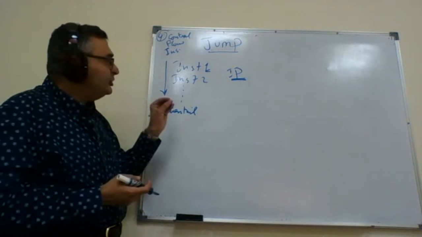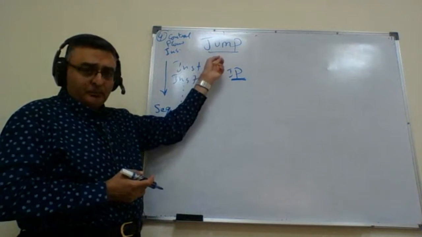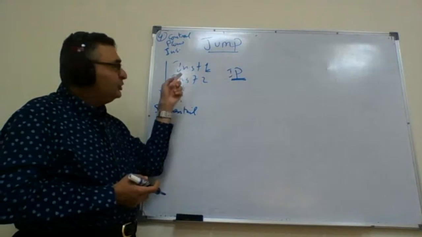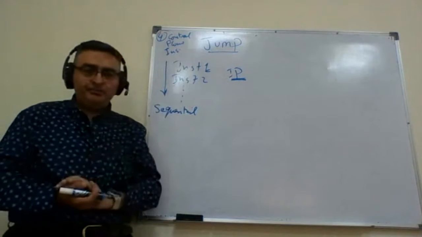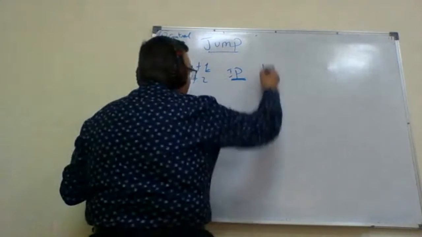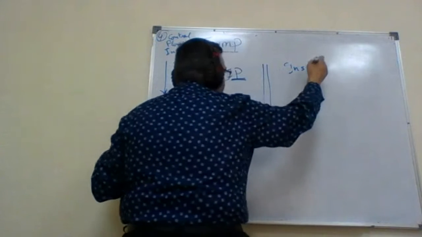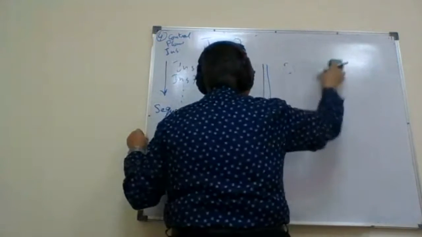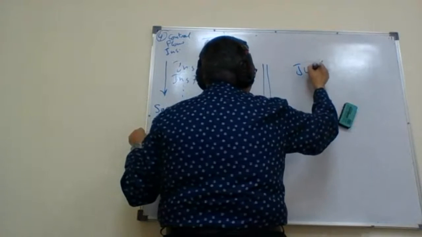Today, we want to deal with instructions, in particular the jump instruction, that allows me to change the flow of the execution of my program. So when I encounter a jump instruction, assume instruction 1 is a jump.